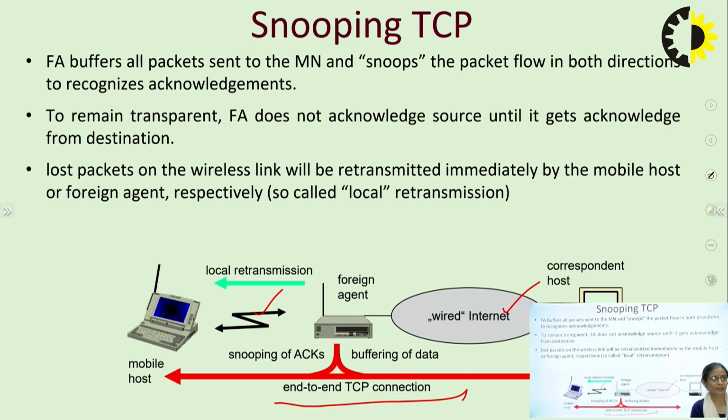Lost packets on the wireless link will be retransmitted immediately by the mobile host or foreign agent respectively. So this is called local retransmission. That is, retransmission is again happening at the foreign agent.